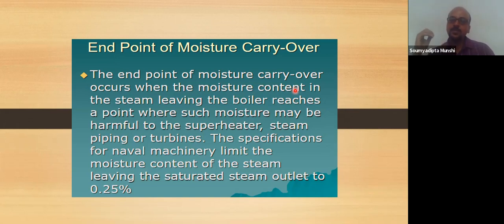So there is a limit of moisture carryover inside the boiler from the drum to the superheater. If the moisture carryover limit is reached, that is the end point of moisture carryover. We cannot allow more moisture to go to the superheater or the turbine. So that is called the end point of moisture carryover.